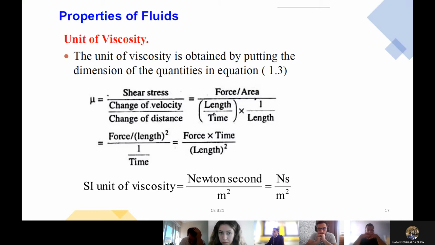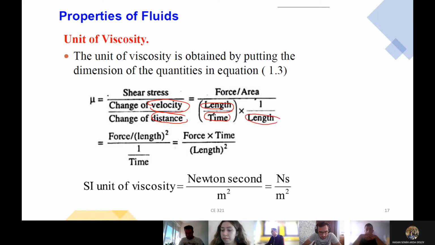Here du is the change of velocity, so it has the unit of velocity, and change of distance has the unit of distance. What is the unit of velocity? Length per time, yeah? This is velocity. What is the unit of distance?